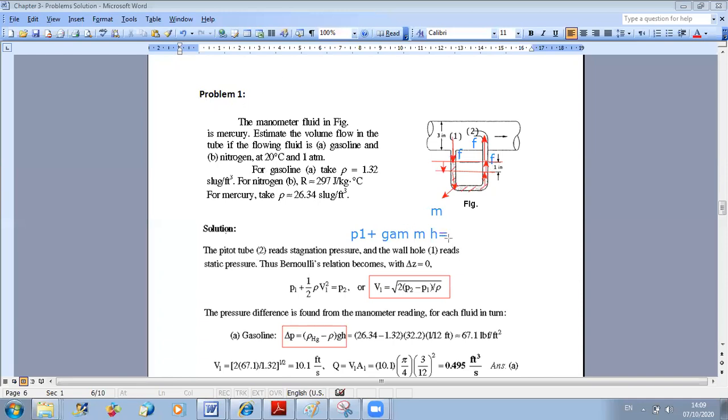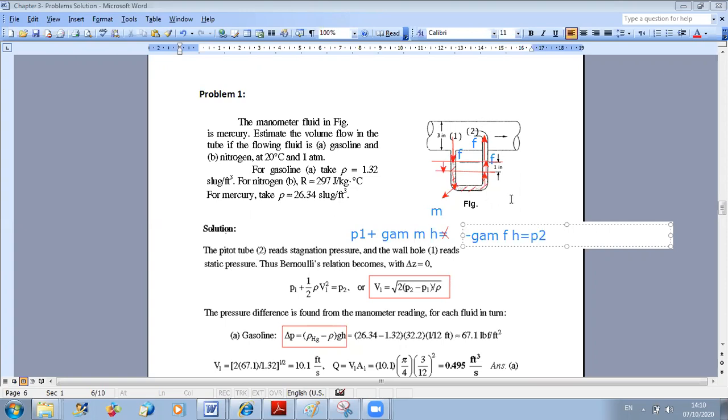So since you are going up, you should do minus gamma of what? Of the fluid you are going up in, which is F. So minus gamma F times H. And now you will reach point 2, since this part was already cancelled. So this is equal to P2.